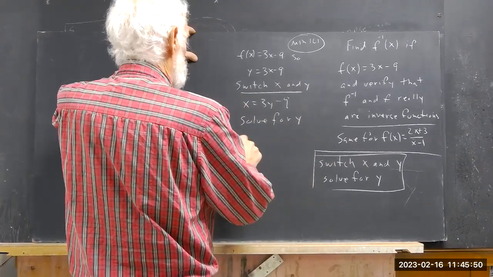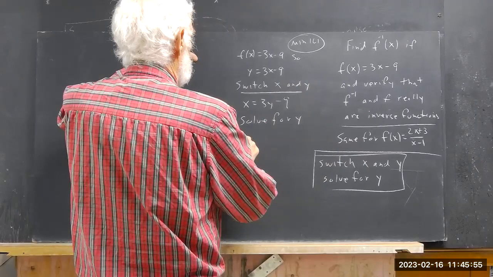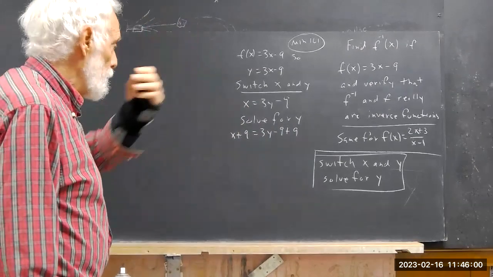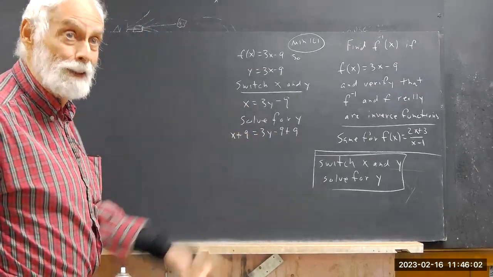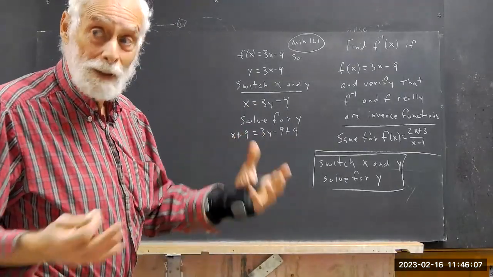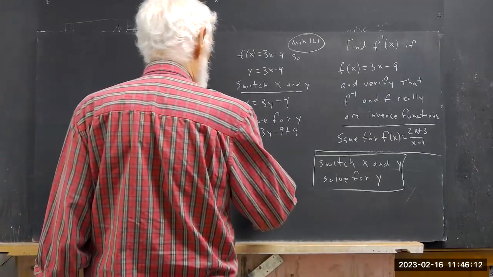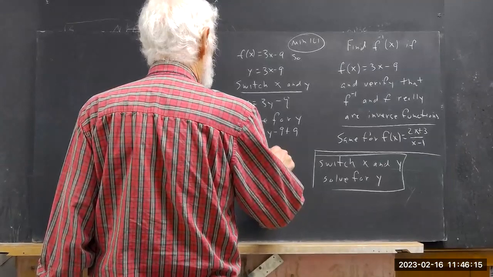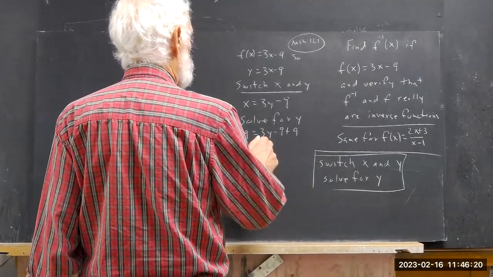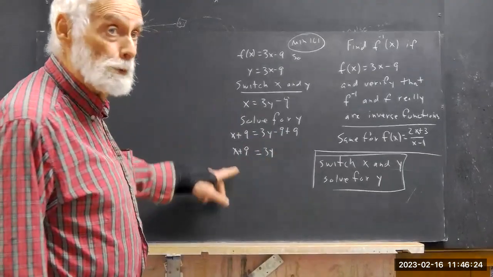Well, we're going to get x plus 9 equals 3y minus 9 plus 9, not x times 9, x plus 9. You've got to write out your operations a step at a time. Then 3y minus 9 plus 9 is 3y, and that's still equal to x plus 9.